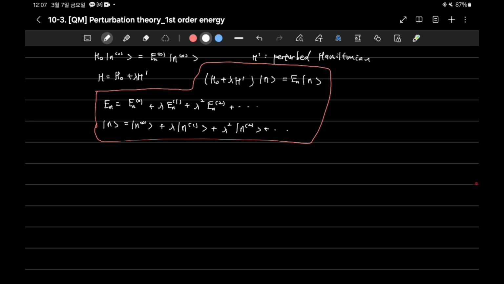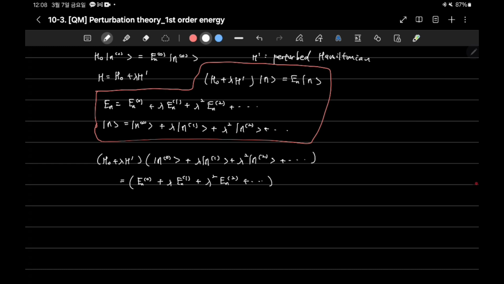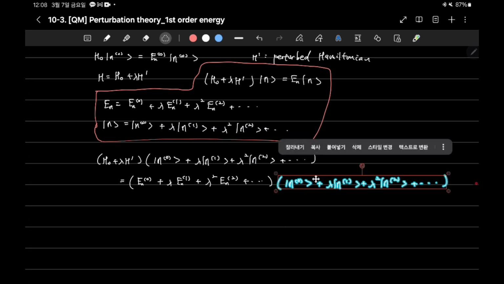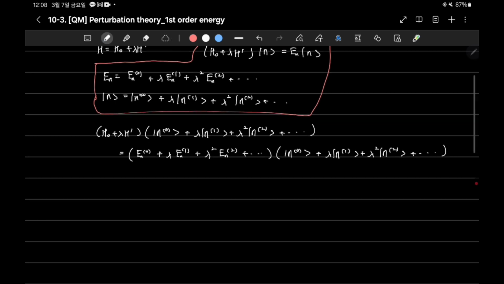Then let's apply this expression: the Hamiltonian H0 plus lambda H prime acting on the eigenstate |n0> plus lambda |n1> plus lambda squared |n2>, and so on, equals the energy En0 plus lambda En1 plus lambda squared En2, like this, multiplying the same eigenstate.